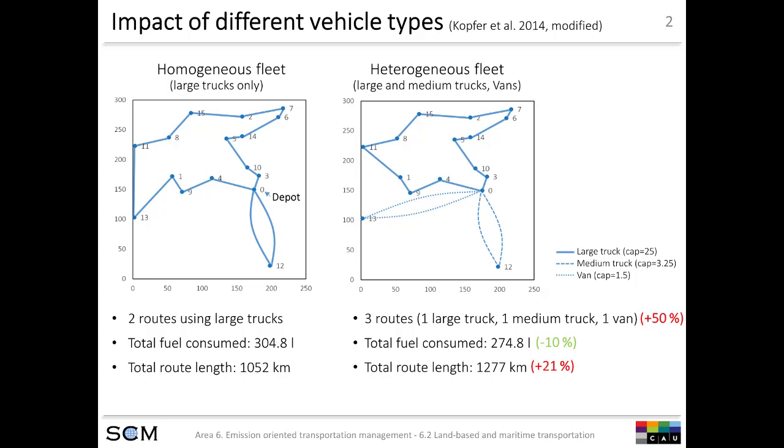From this, we have a total fuel consumption that is reduced by about 10% compared to the solution on the left, because the smaller vehicles require less fuel, even though the total route length increases by 21%. This example shows you that a heterogeneous fleet can help reduce fuel consumption in land-based transportation.